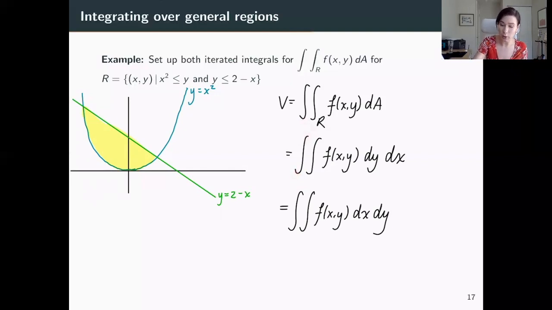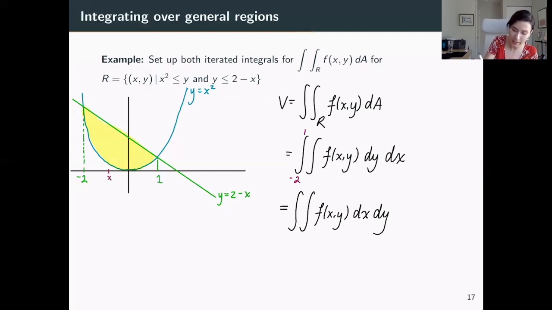Our x values are going to be changing based on the points of intersection here. So here I could pull this point down and with a little bit of algebra show that that is -2. And same thing here, pulling this point down, I'm going to get a point of intersection of +1. So it means that my x values are going to be changing between -2 and 1. And I'm going to be taking those slices for different values of x.